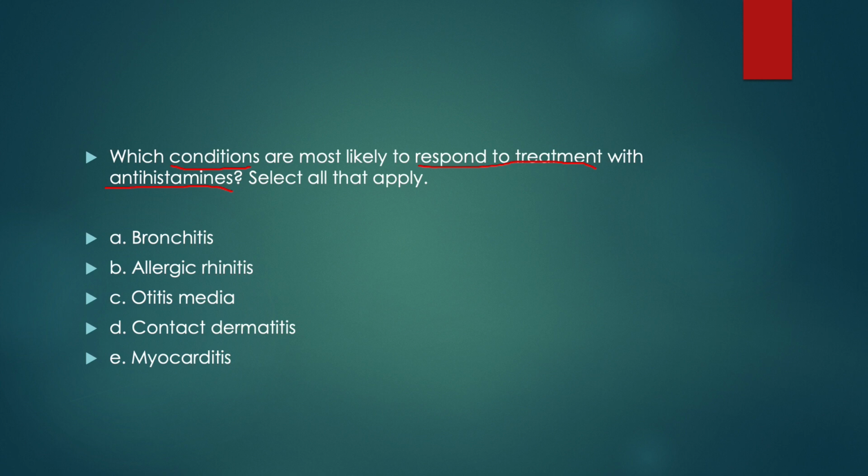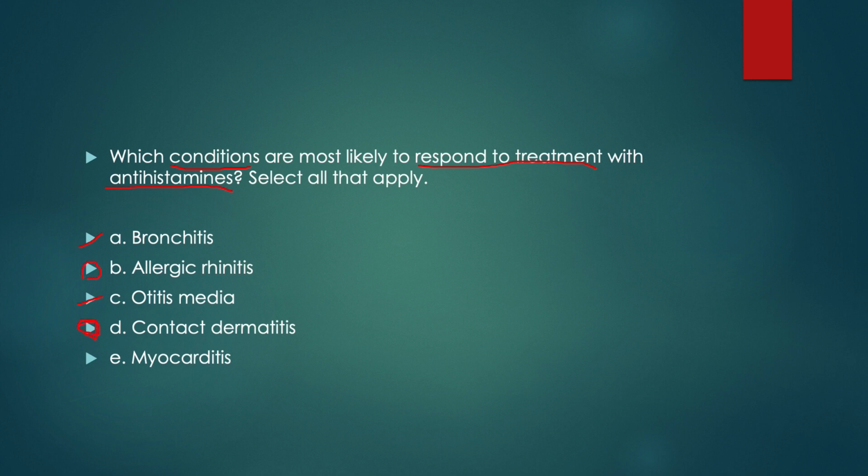So bronchitis. Bronchitis is inflammation of the bronchioles. We're going to need more than likely an antibiotic for this problem. Antihistamine isn't going to help us with this. So let's knock that one out. Otitis media, again, antibiotics. Contact dermatitis, this one is going to work with antihistamines.